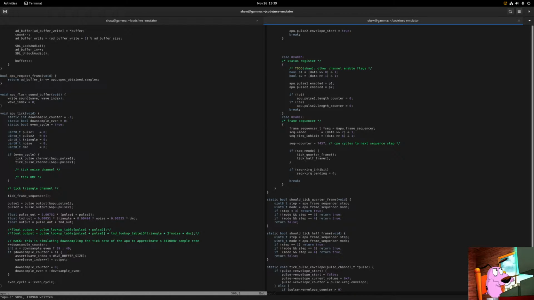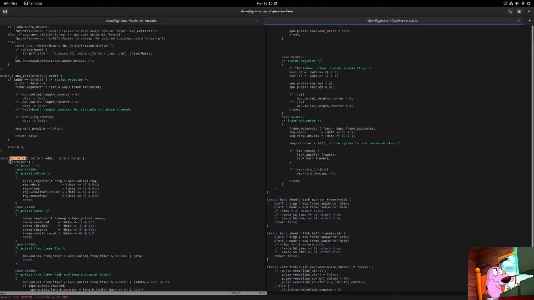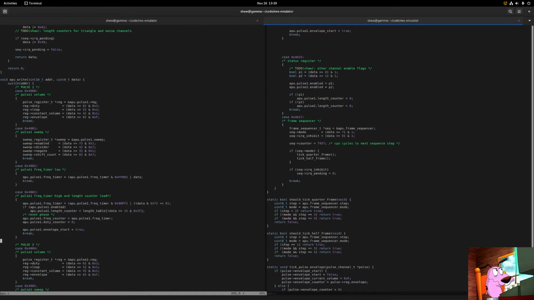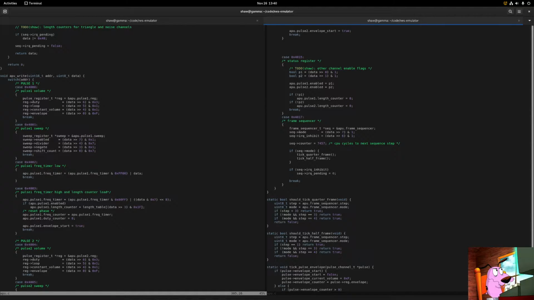But anyway, it writes to different registers in the APU to control different properties of the waveforms that it generates. If we look at whenever the CPU writes to the APU, you can see 4000 to 4003 controls the first pulse channel.